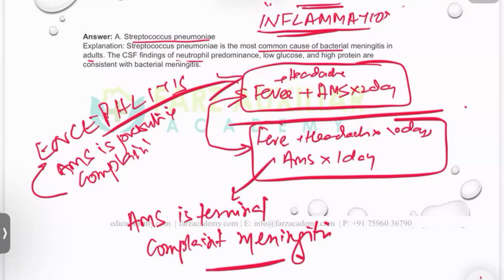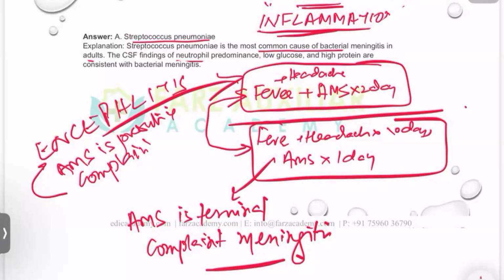Did you understand? Everybody? Yes. So if the patient gives a history that he had headache yesterday and today has altered mental status, confused and drowsy, the answer is most likely encephalitis.